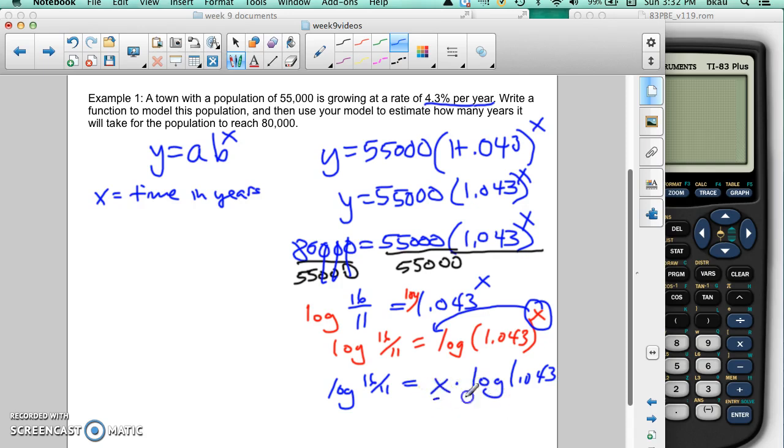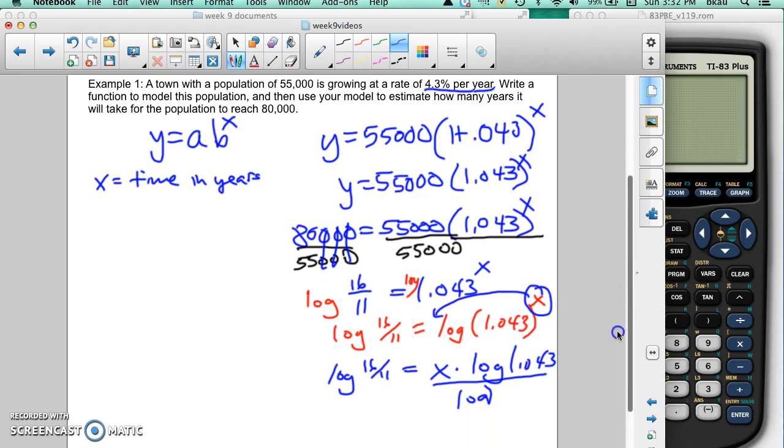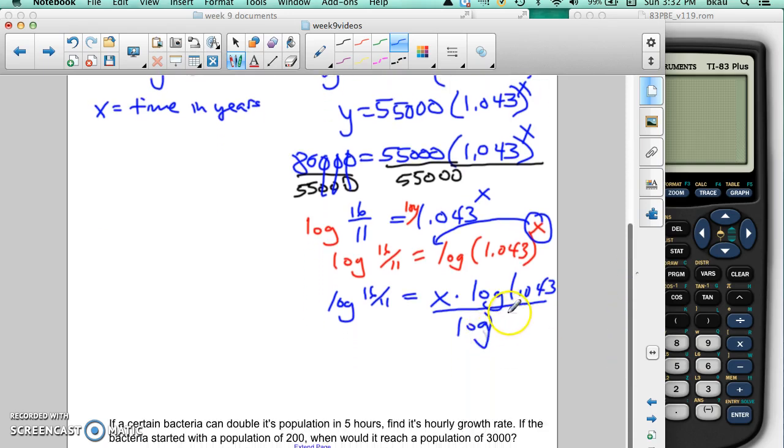And then all I need to do is divide both sides by log of 1.043.